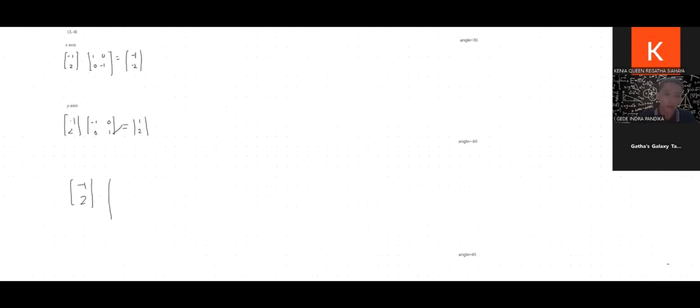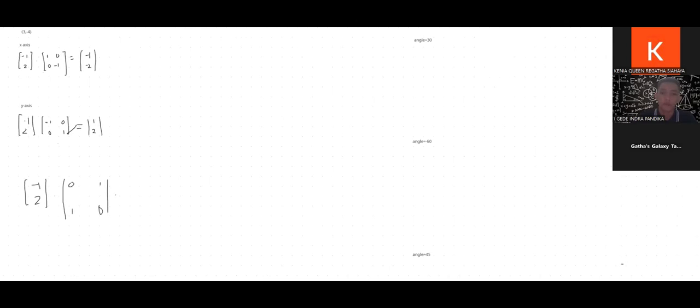So the standard matrix is 0, 1, 1, and 0. So the result is 2 and minus 1.